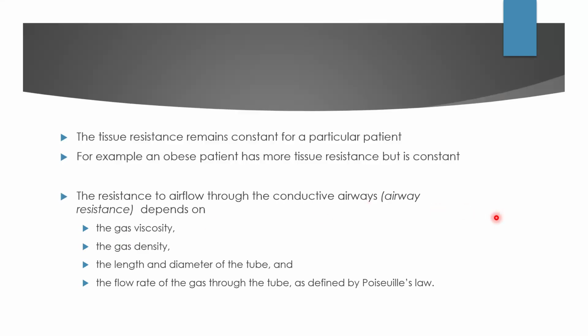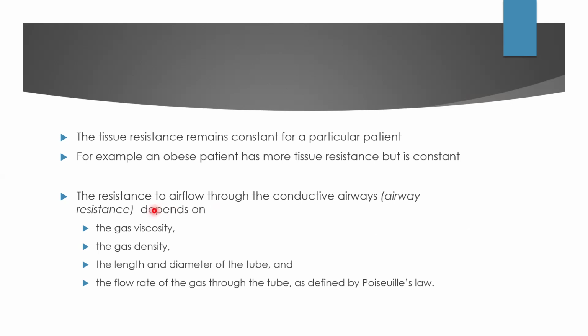The resistance of airflow through the conductive airway is variable, and it depends upon the gas viscosity, the gas density, the length and diameter of the tube through which the air is flowing, and the flow rate of the gas. It's defined by Poiseuille's law. We need not go into the details.